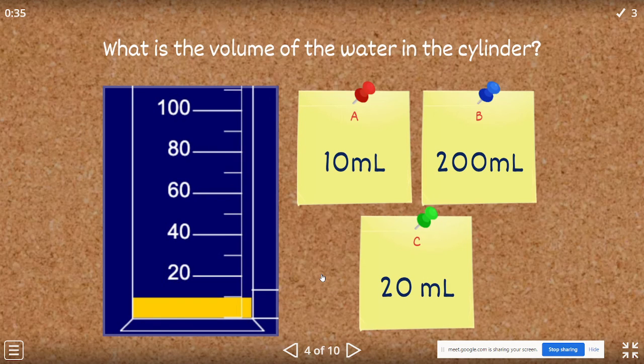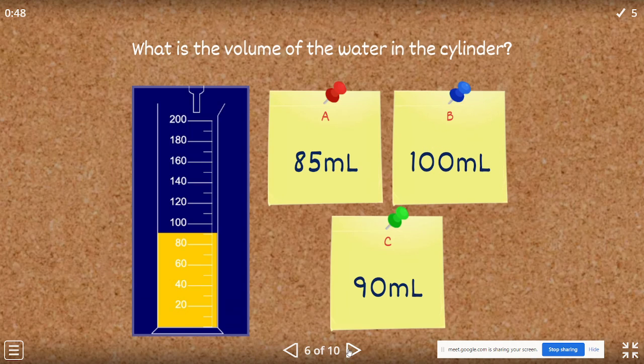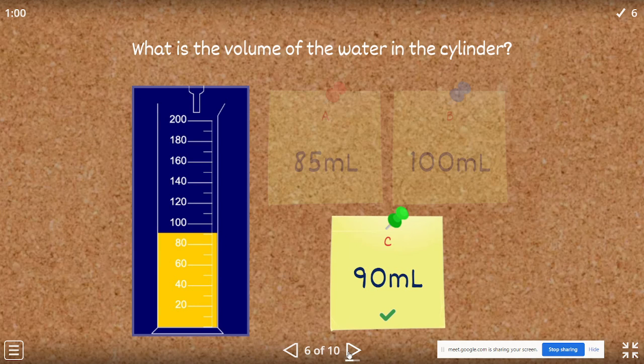This? It's 15 ml. Next, this one? It's 60 ml. This one? It's 90 ml. Yes, one line is equal to 10 ml.